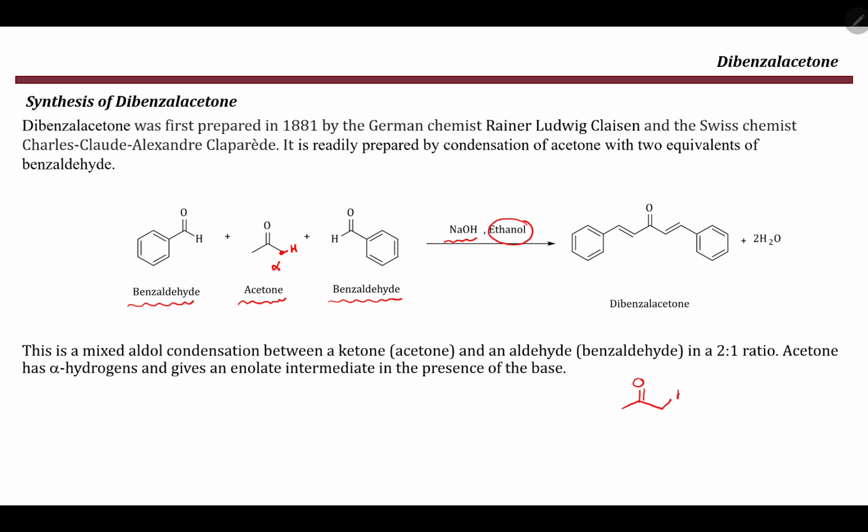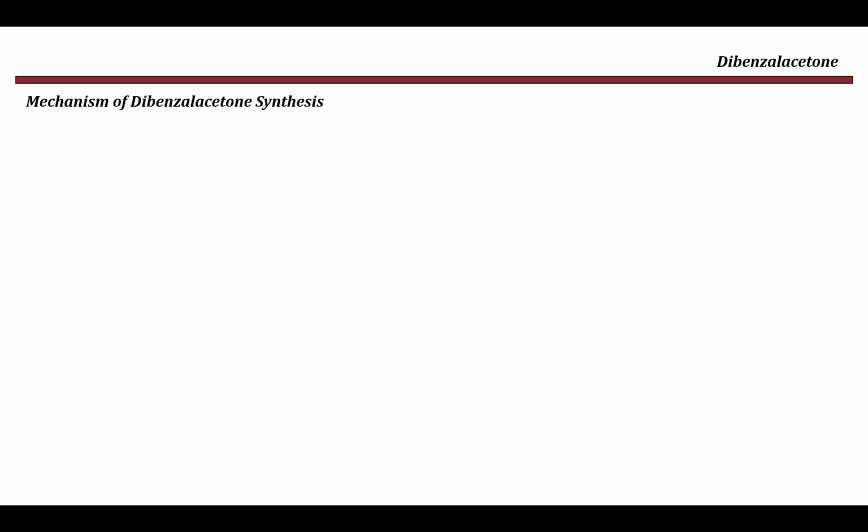So this hydrogen in the presence of a base will actually give us the conjugate base, which upon resonance gives us an enolate anion, which will react with the aldehydes to give the corresponding product, as we will see in the mechanism. Usually the collected product, which is the dibenzalacetone, can be recrystallized from ethanol.